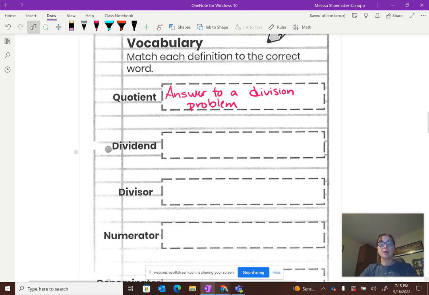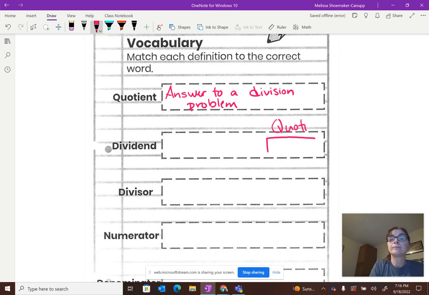What's the best way to describe the dividend? So when you divide, okay, we use the house, right? So our quotient is up here. Our dividend is in here, and our divisor is out here.